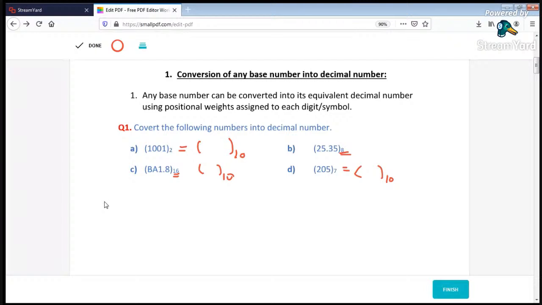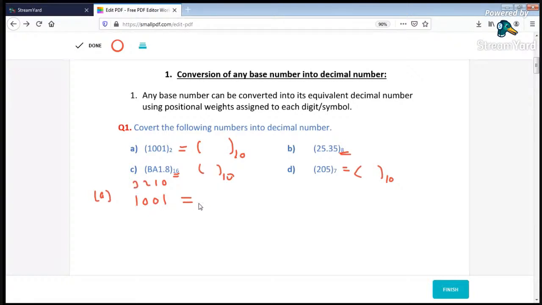So first we will see part A, 1001 base 2, the conversion of this binary number into decimal. We are familiar with the positional weight of each symbol. This binary number has only an integer portion, so the position of the last symbol is 0th, then first position, second position, third position.